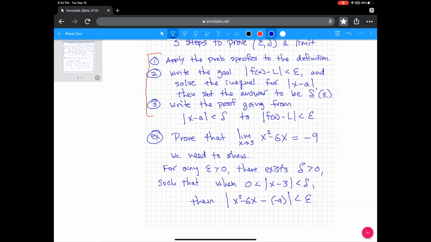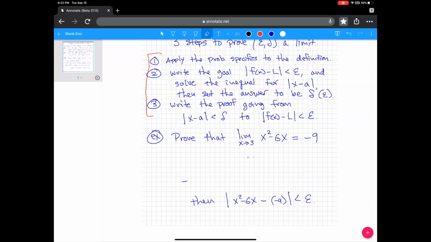And so let me do that. I'm going to try to keep our steps on the page above me here as we write this. So I've rewritten it, and I'm going to take out this part in the middle here. So then this is true. So this is our goal. So we start with our goal and try to work backward toward the part we have control over, which is the x minus 3.